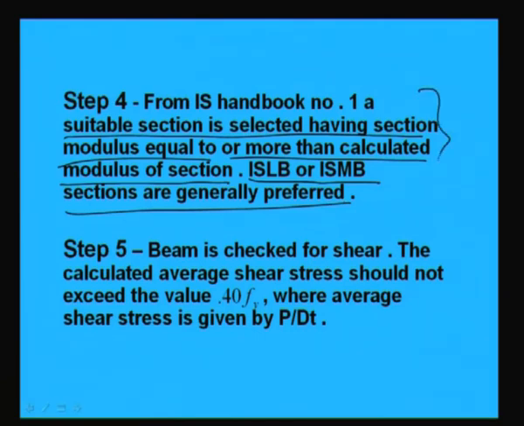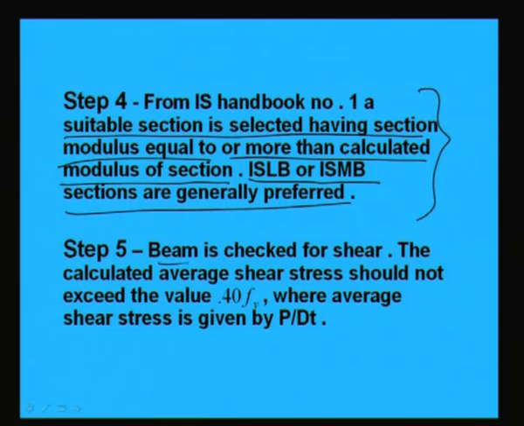So, we will try to find a suitable section where the section modulus will be a little higher than the required one, right. If it is a little higher than the required one, what will happen? Then the developed stress in compression and in tension will be a little less than the allowable one. That means it will be in shape.